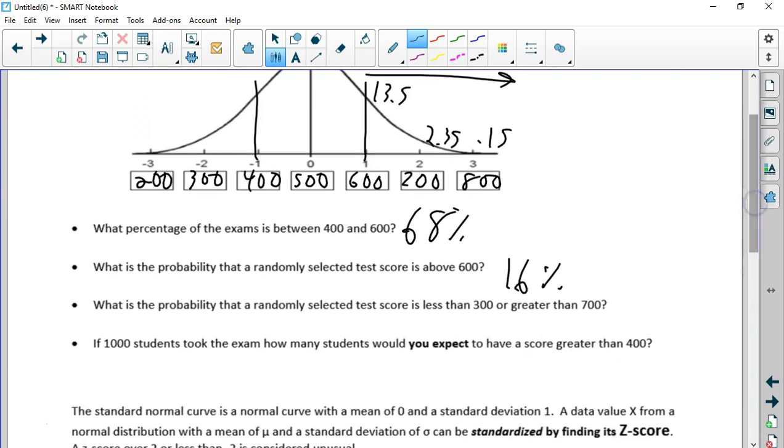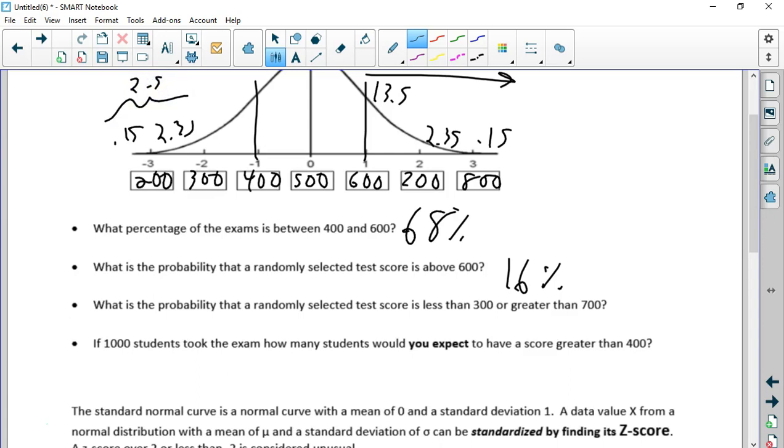What's the probability a randomly selected score is less than 300 or greater than 700? So less than 300 is 2.35 plus 0.15. And that, as we said before, is 2.5%.